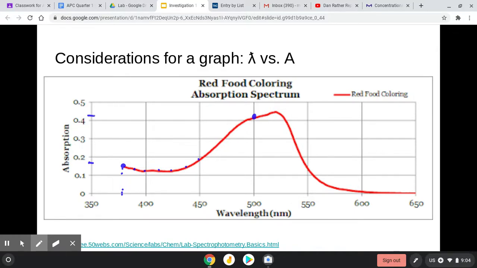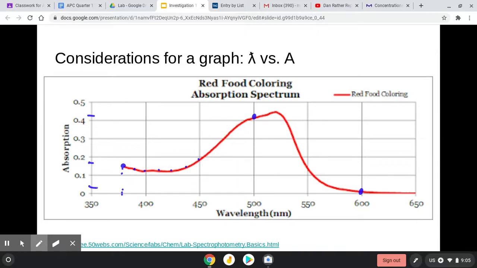When the spectrophotometer is set to block all light wavelengths except for 600, the absorbance is much, much lower, maybe 0.01, 0.02 absorbance. And so as you change which wavelength is getting through the spectrophotometer and going through your sample and hitting the detector, the molecules in your sample are going to absorb those wavelengths differently.